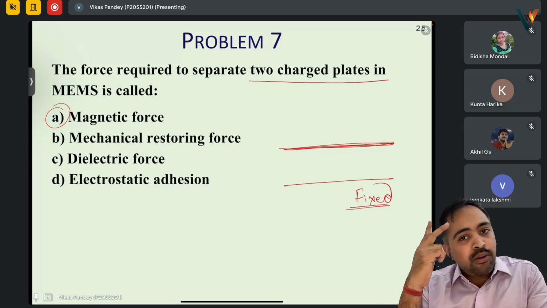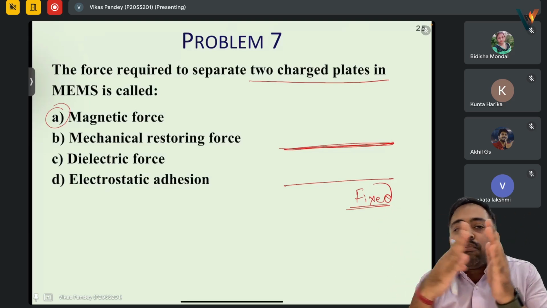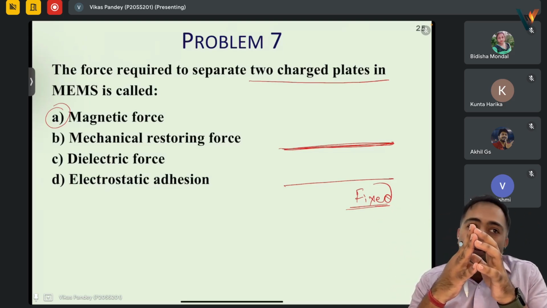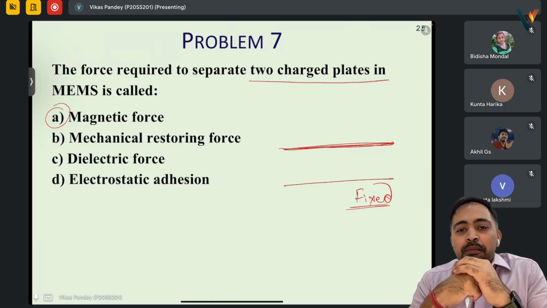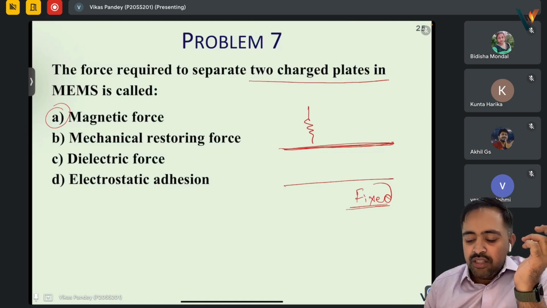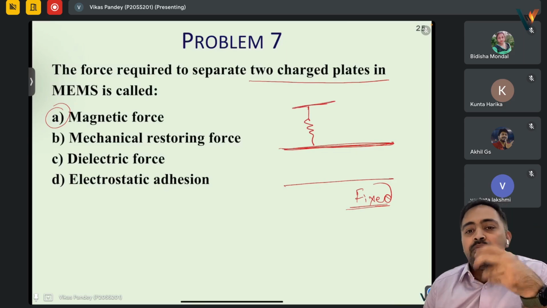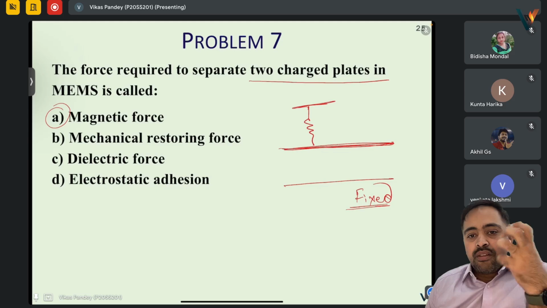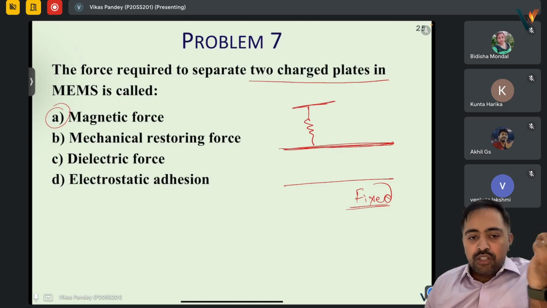So plates are already charged and they have come together. Now, what force will be able to take it back? It is being pulled by the mechanical force only. It will try to restore it.